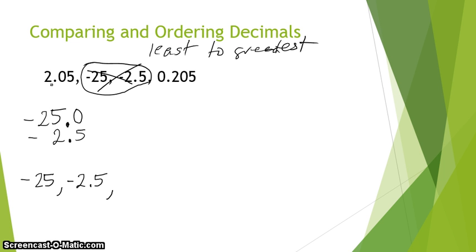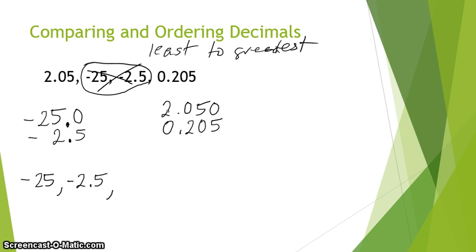So I'm done with these. Now I'm going to work with my positive numbers. I'm going to line them up again with the decimal point: 2.05 and then 0.205. And I'm going to fill in that 0 so I can compare them.